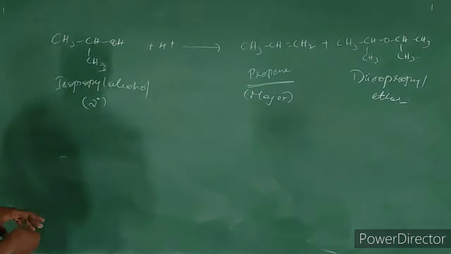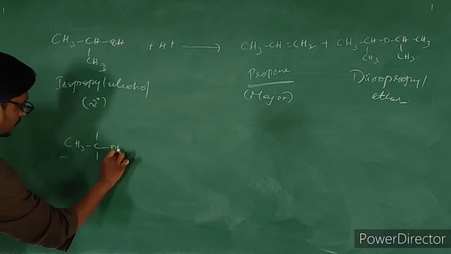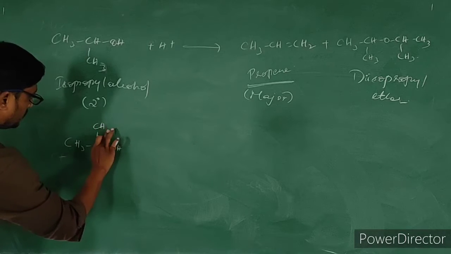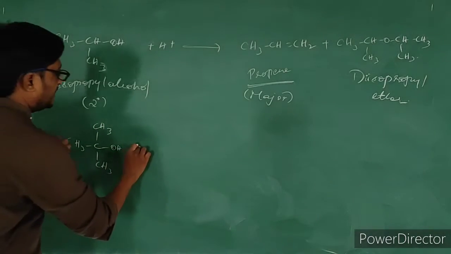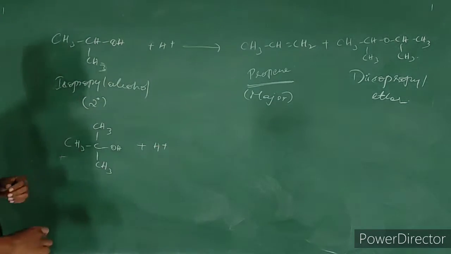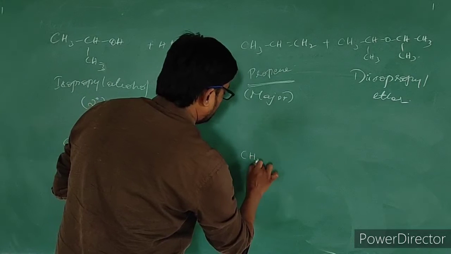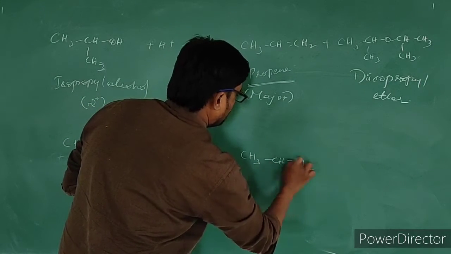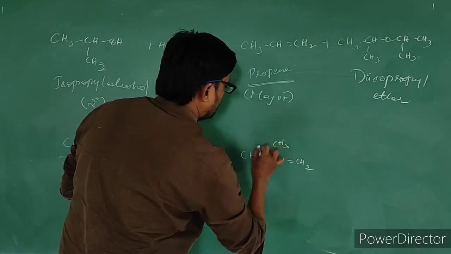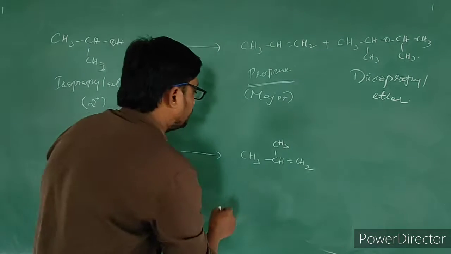When we consider a tertiary alcohol, and it is treated with concentrated acid H plus, then this leads to the formation of 2-methyl propene as the product.